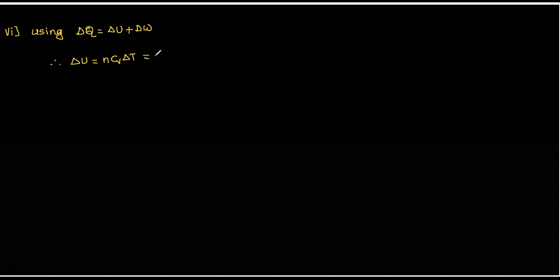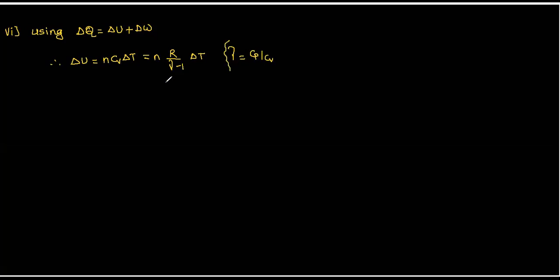This is equal to n, and this Cv value is R by gamma minus 1, into delta T, where gamma is equal to Cp by Cv. This is the specific heat ratio.